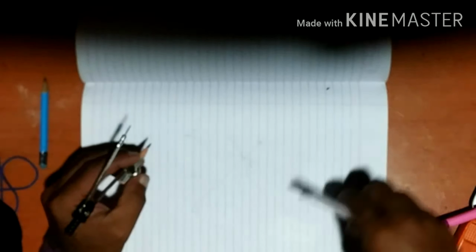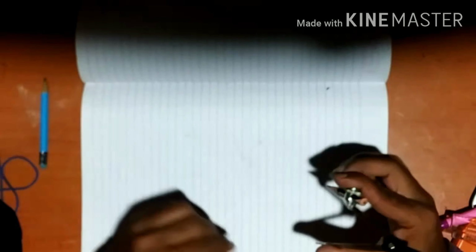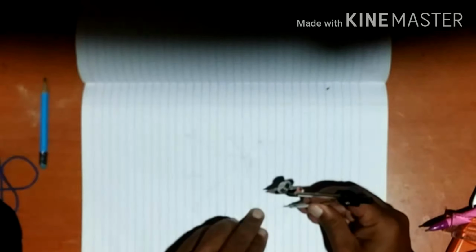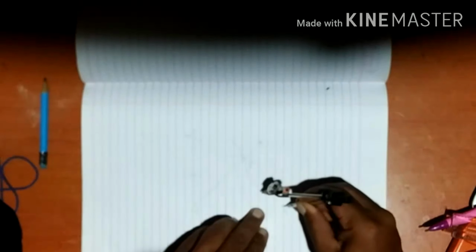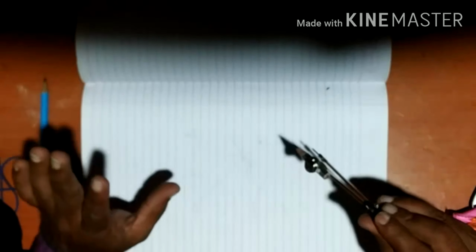Now similarly I have to bisect this angle. So first step: take any random distance in the compass, put the tip of the compass on point R, draw 2 arcs without changing the distance intersecting the 2 sides of the angle, okay.